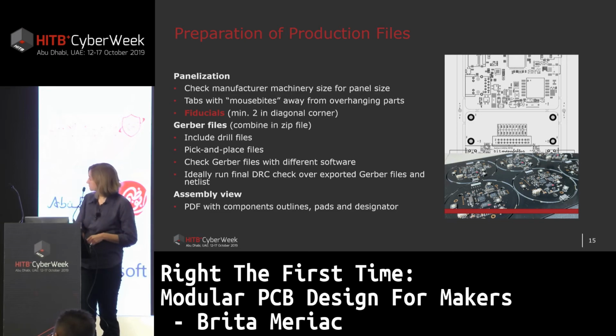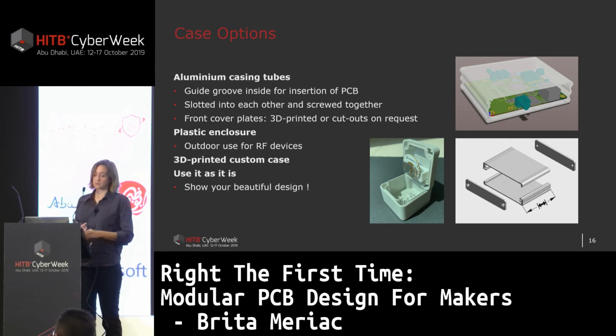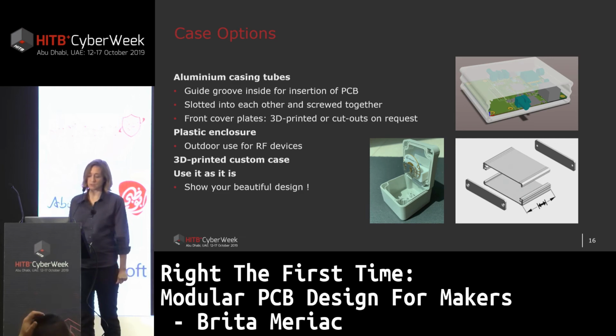So lastly, there's the question of how you present your PCB. We often used aluminum tube cases. These come in many different sizes, are very easy to assemble and disassemble with a few screws, and the PCB is very easy to insert and stable inside in some rails inside the case.